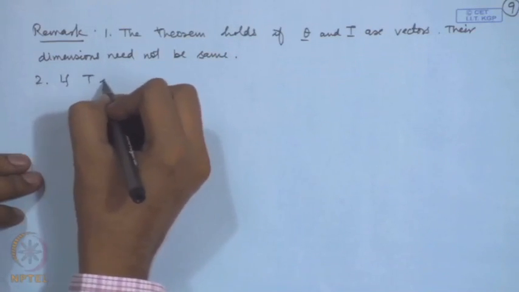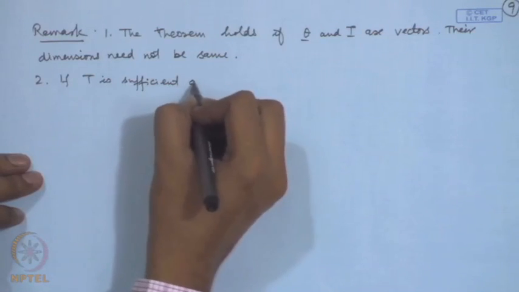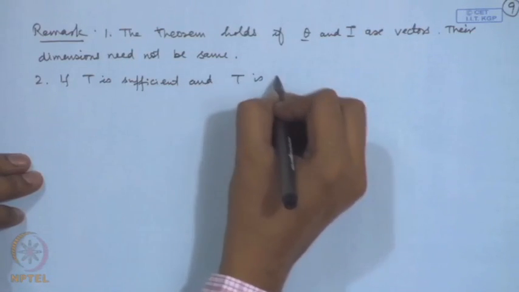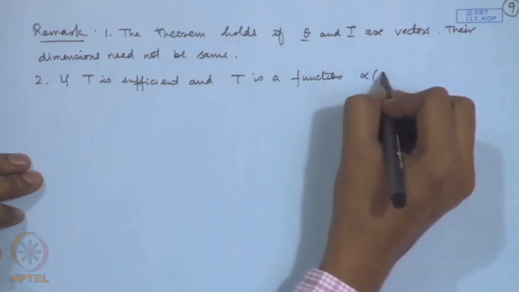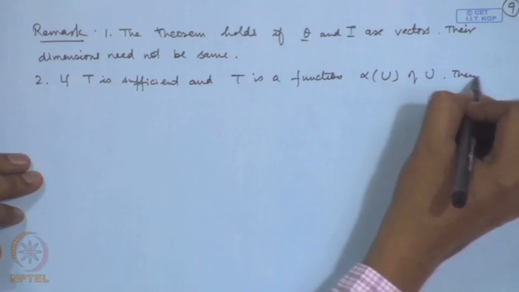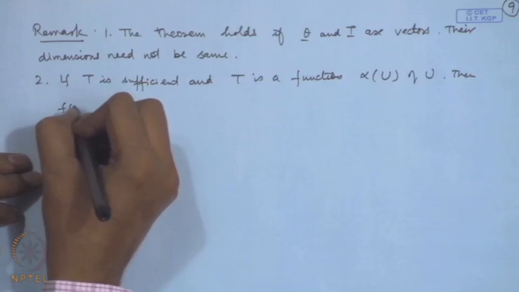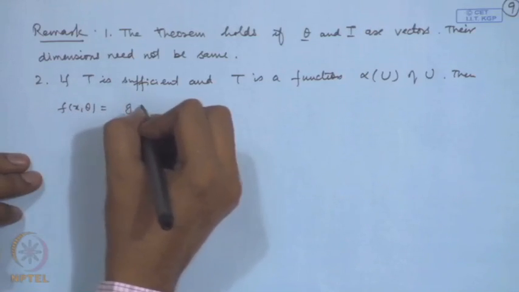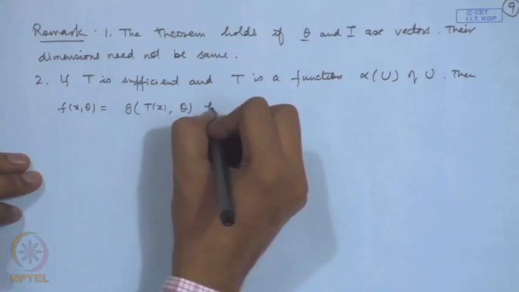If T is sufficient and T is a function, say alpha of U, then let us look at the density function. f(x, theta) is equal to g(T(x), theta) times h(x).